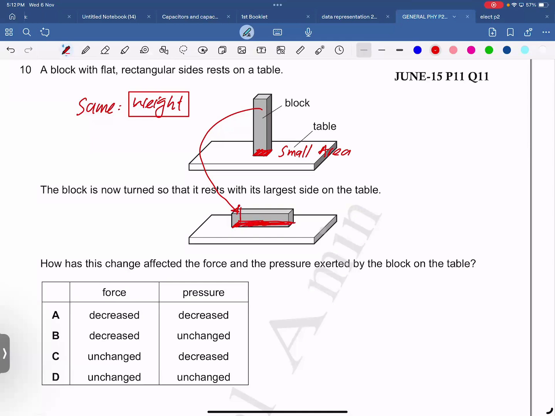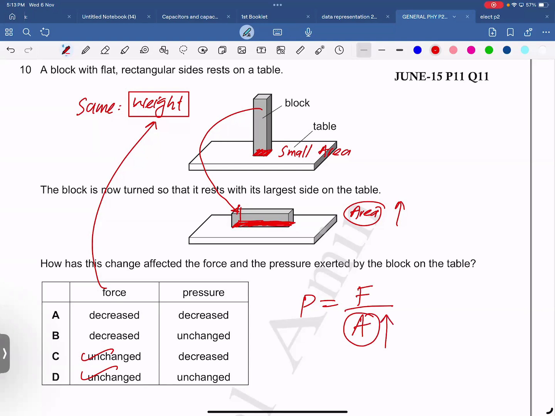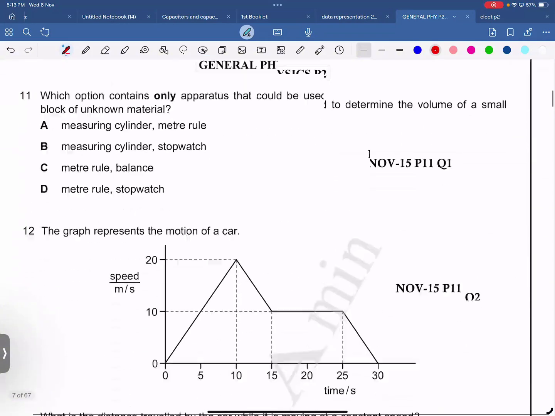So the area will be more. What happens to force? Force is the weight, so the same weight means the same force. Pressure is force over area. Since the area is now more, the pressure will be less. Option C.